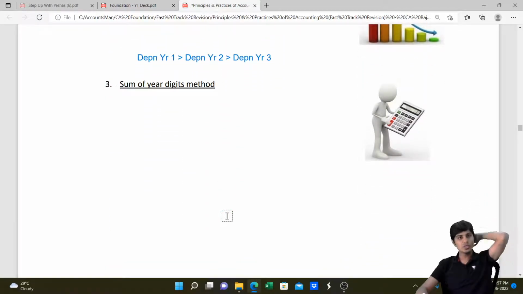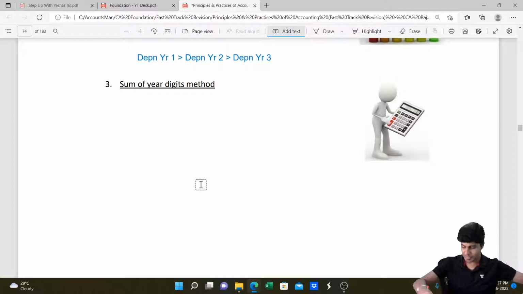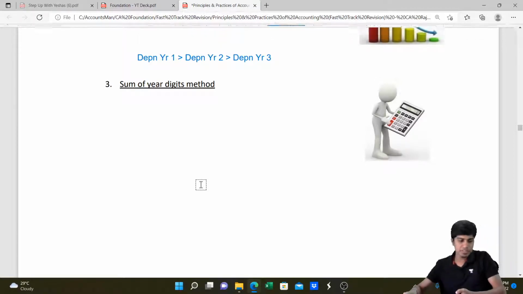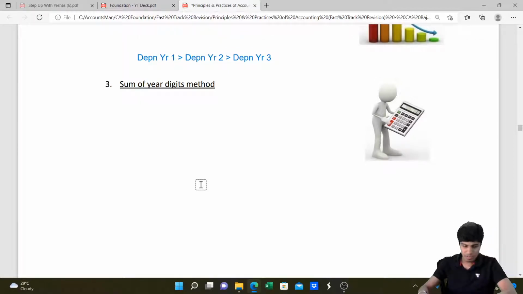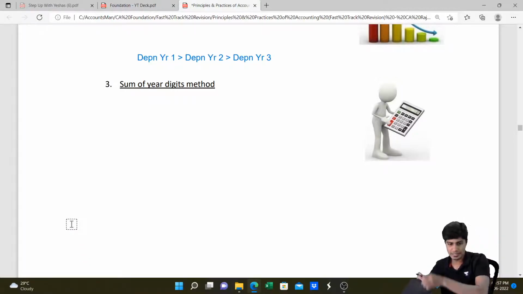Under this method, the useful life of the asset is measured in terms of years, and depreciation is computed a little differently. Let me tell you how the depreciation is computed under the sum of year digits method.